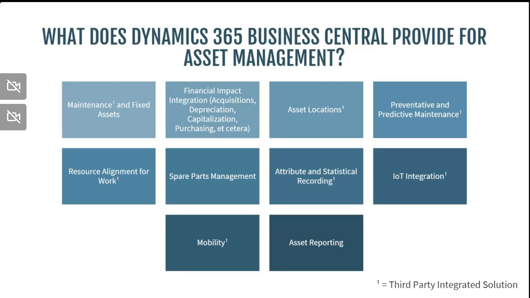We also have the ability to set up maintenance assets using the third-party solution that we recommend, which is the asset group capability. We also support where those assets are located, preventative maintenance, spare parts, IoT, mobility, and even portals, with the Business Central solution from an asset management perspective.